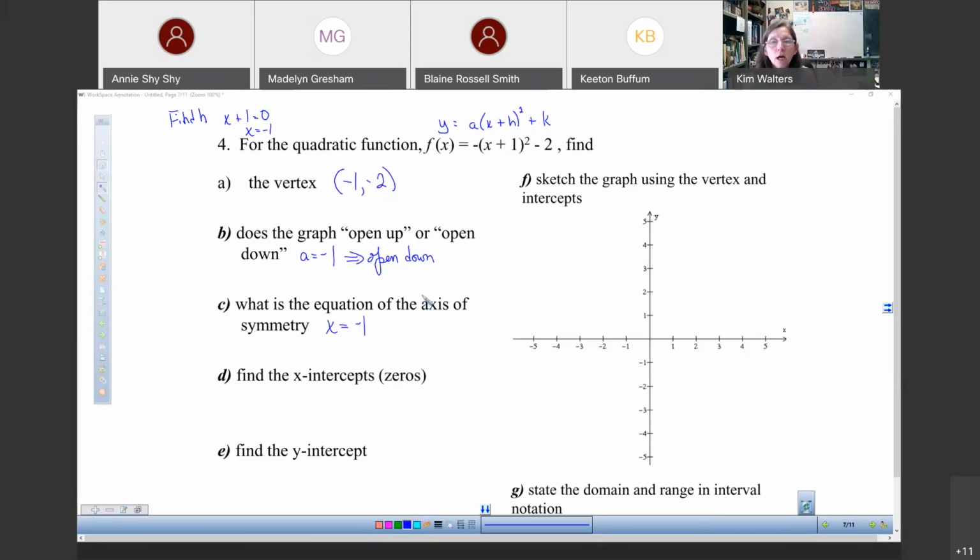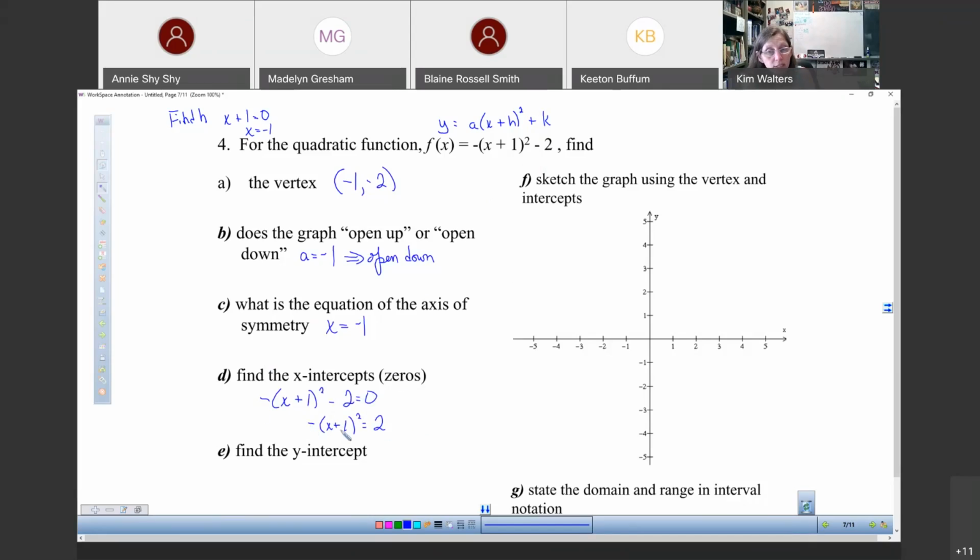So we want to finish this problem with this standard form. Okay, so let's talk about those intercepts again. Remember, the intercepts are what happens when I take this and I set it equal to 0. So I'm going to have my function at negative, don't lose the negative, x plus 1 squared minus 2 equal to 0. Okay, nice quadratic equation to solve. I'm adding 2 to both sides. That gives me negative x plus 1 squared is equal to positive 2.